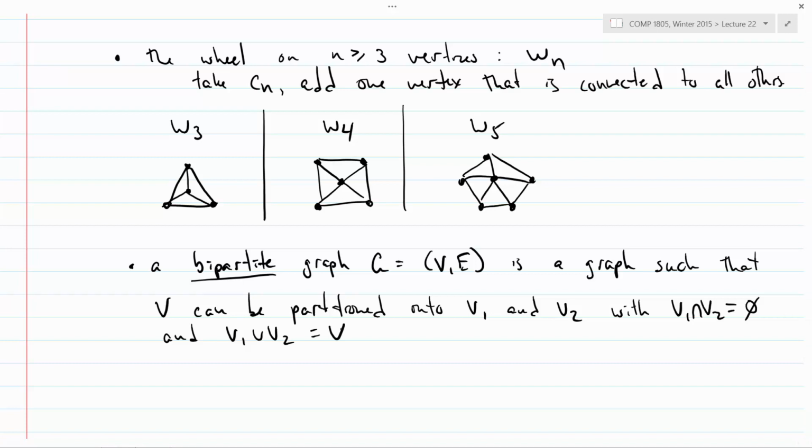The equivalence classes partition some set. Well, this V1 and V2 is a partitioning of the vertex set.